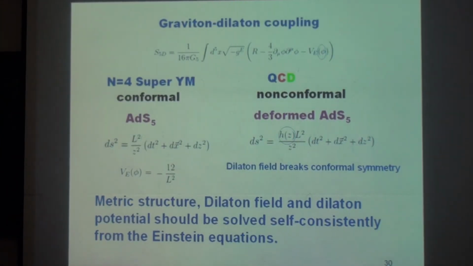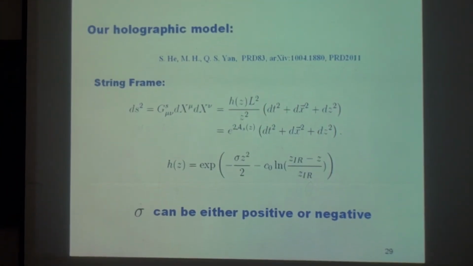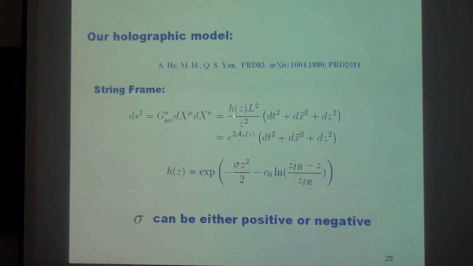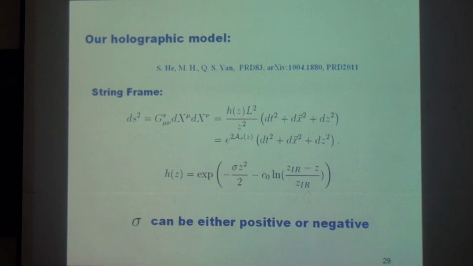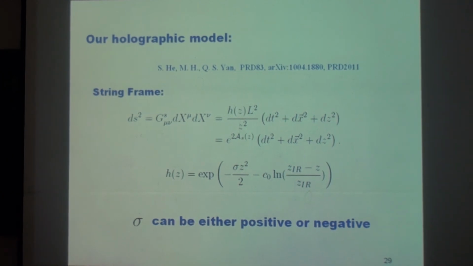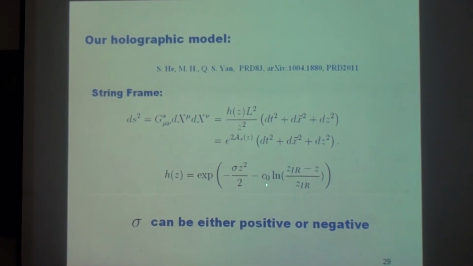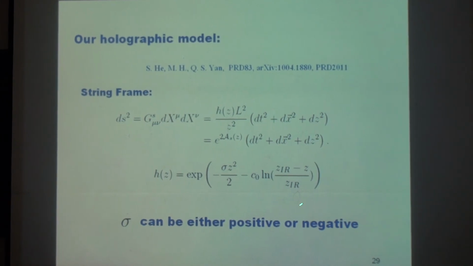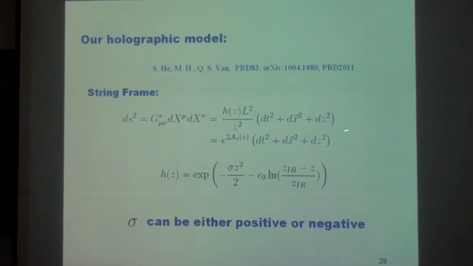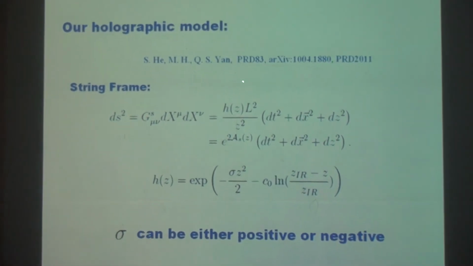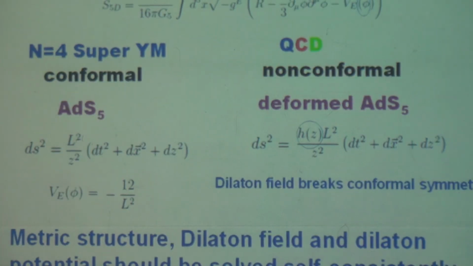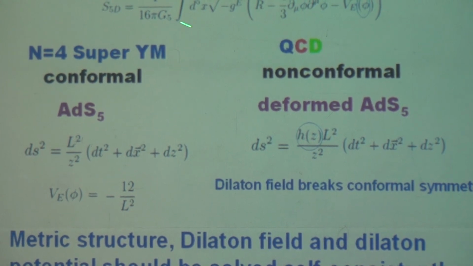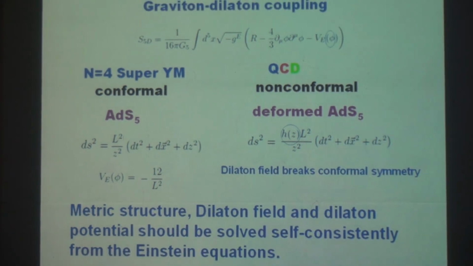But in this framework, at the moment, of course, this metric is put in by hand. But we solve this self-consistently by using this graviton-dilaton system. So this is a kind of graviton-dilaton coupling system.